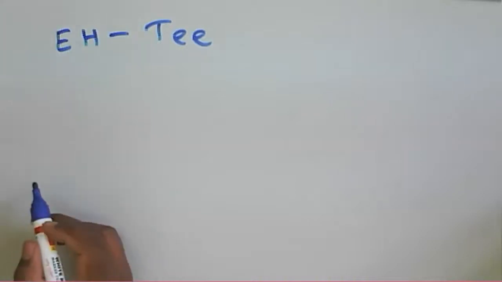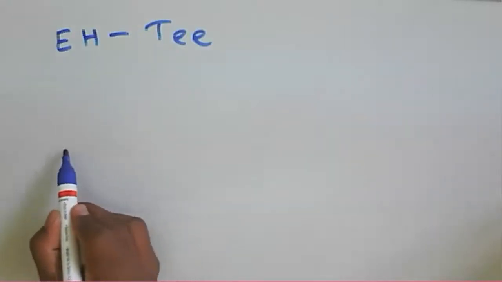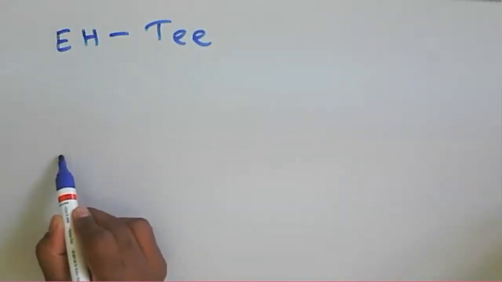Now, if you understand the properties of this particular magic T, then you are able to see how to draw this magic T. So I'll just draw a magic T here.